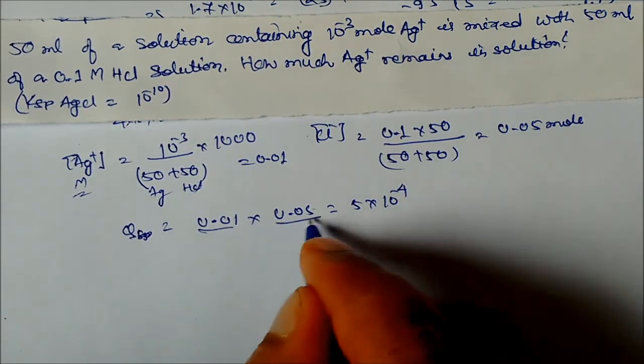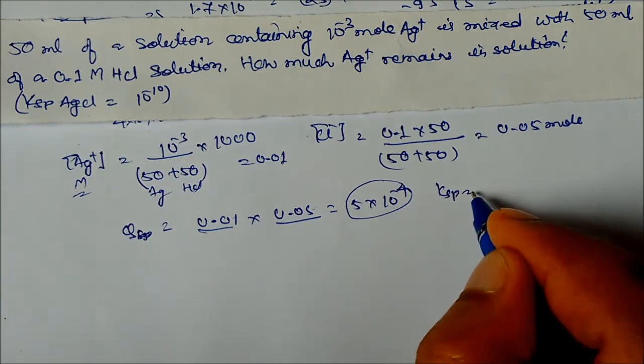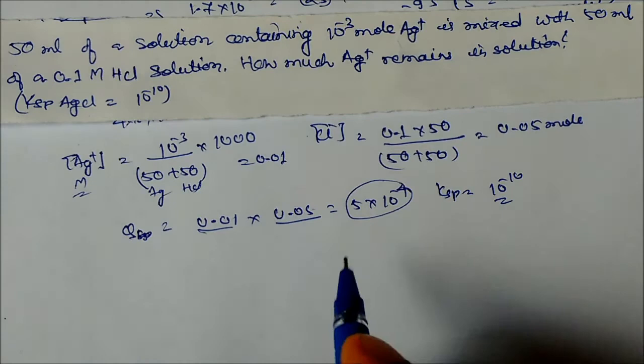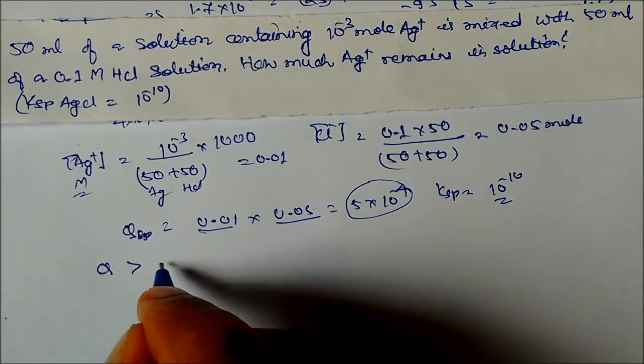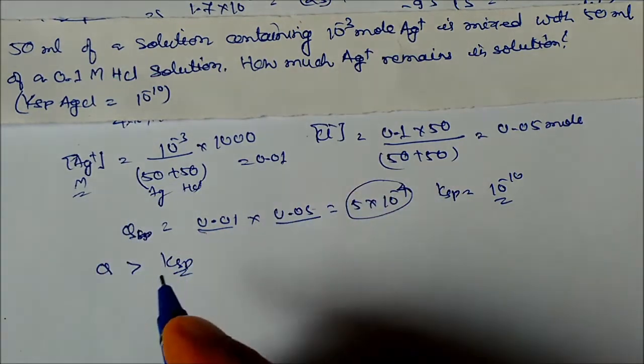This is the quotient product, and the Ksp is 10 to the power minus 10. So definitely Q is greater than Ksp, and some of the AgCl will precipitate.